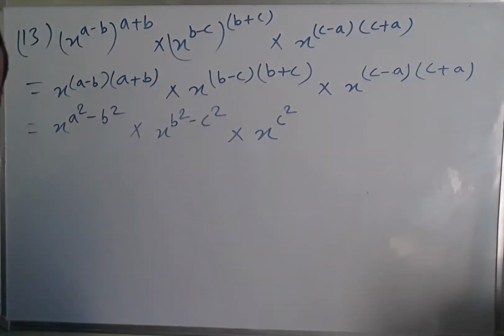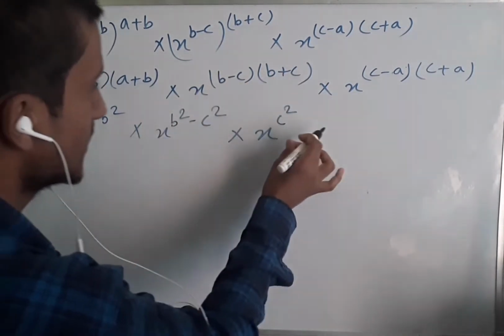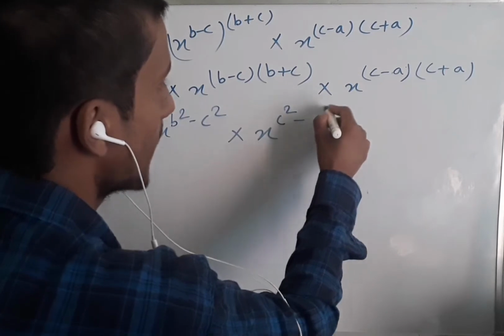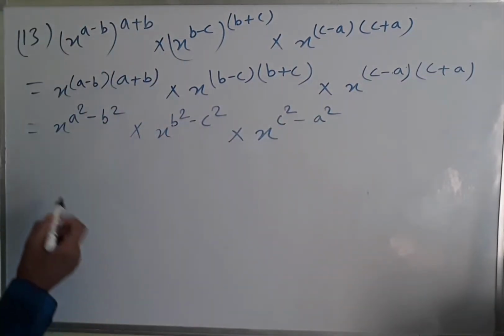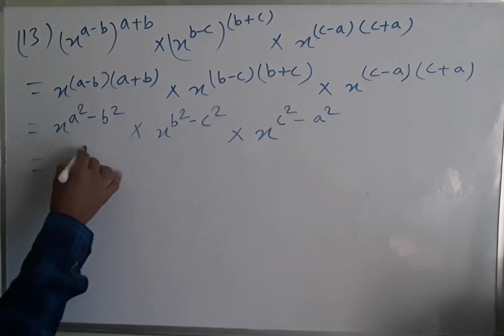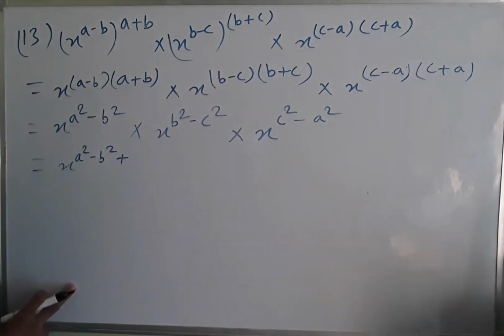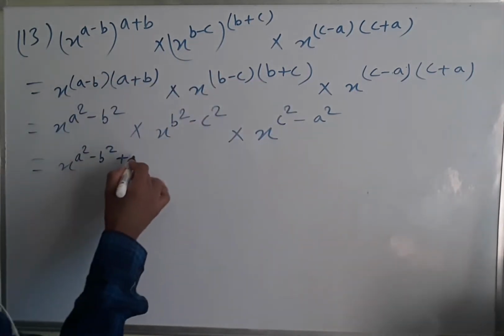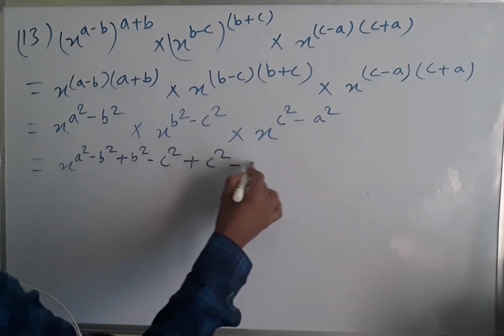If you're following my course, this will be this times c squared minus a squared. So this is going to be equal to x to the power a squared minus b squared plus, I have to add up all the exponents because of the same base, b squared minus c squared plus c squared minus a squared.